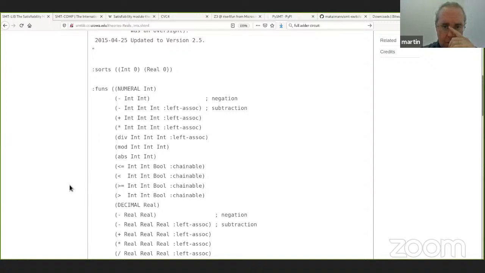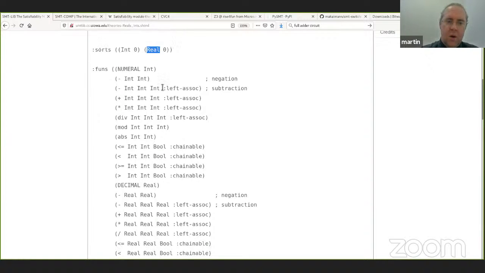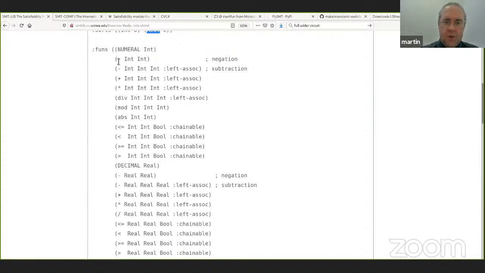So if you read these, you will understand, okay, if you have a theory of reals and ints, this is what it is. It says we have sorts, we have integers, they don't take any arguments. We have reals, they don't take any arguments. We have a bunch of functions. There's subtract, plus, multiply, divide. We have a less than symbol, which takes an int and an int and gives you a Boolean.